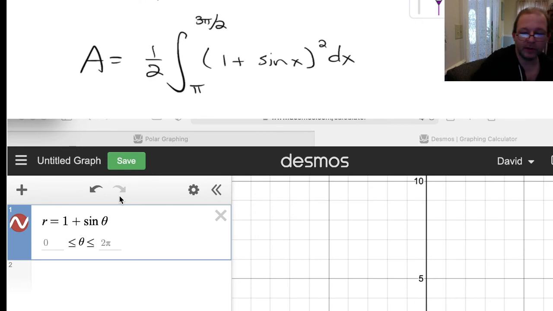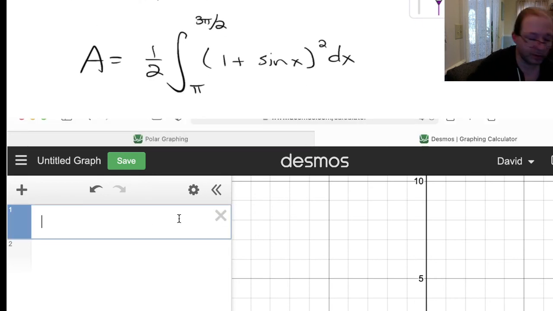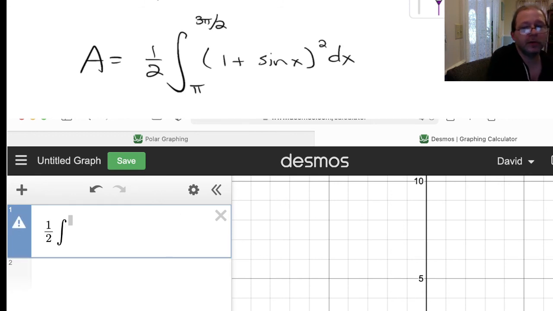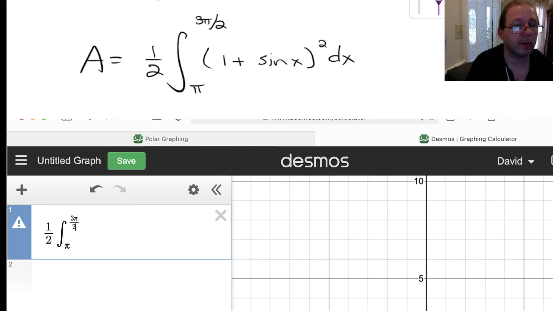So I'm going to enter in here 1/2 integral, bring my keyboard over here in front of me, integral from pi to 3 pi over 2, 1 plus sine x. I guess that should technically be a theta instead of an x.